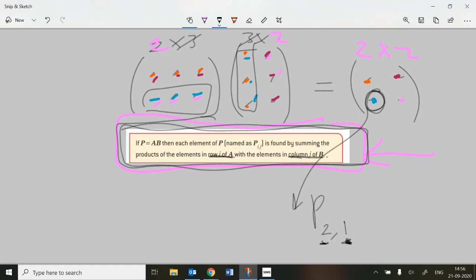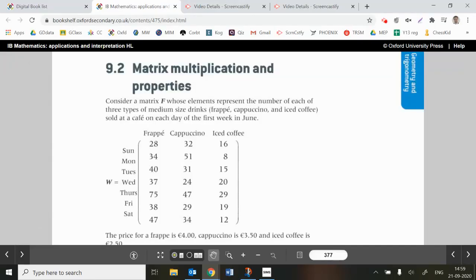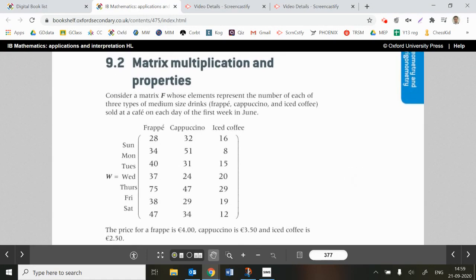Right, so there you go. I'm going back to the original example now. The original example, if you remember, just had the frappes, the cappuccinos, and the iced coffees, the number of each of those things sold on each of the days of the week. So this matrix is holding a lot of information about frequencies here.